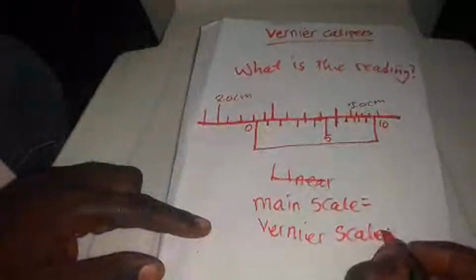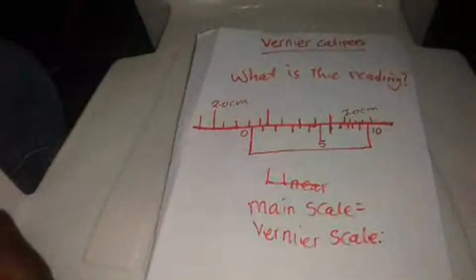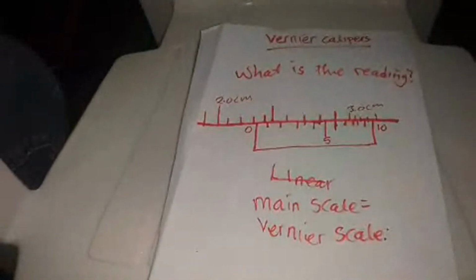Now where do we find a main scale and where do we find a Vernier scale?